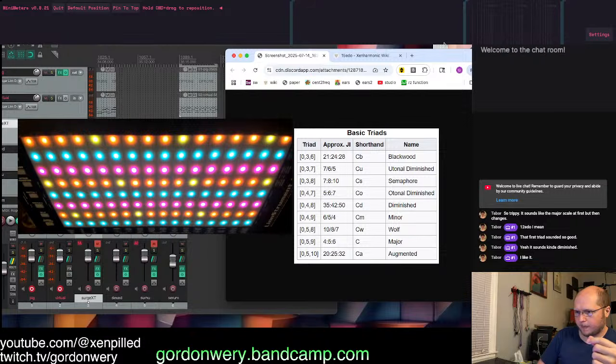Like in 22 EDO, you have a down 5 and an up 5, but you also have a down sharp 5, and a sharp 5 and a flat 5. So in a weird way, the fifth is not what's important. What's important is the quality of the thirds.